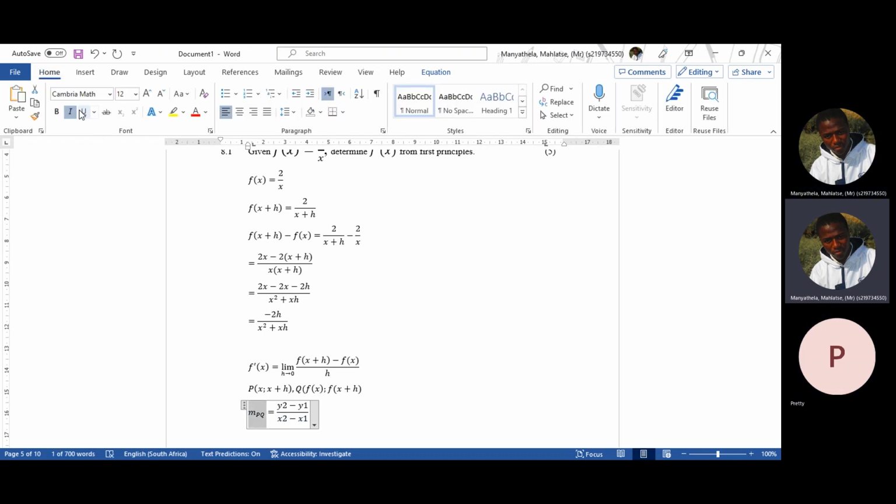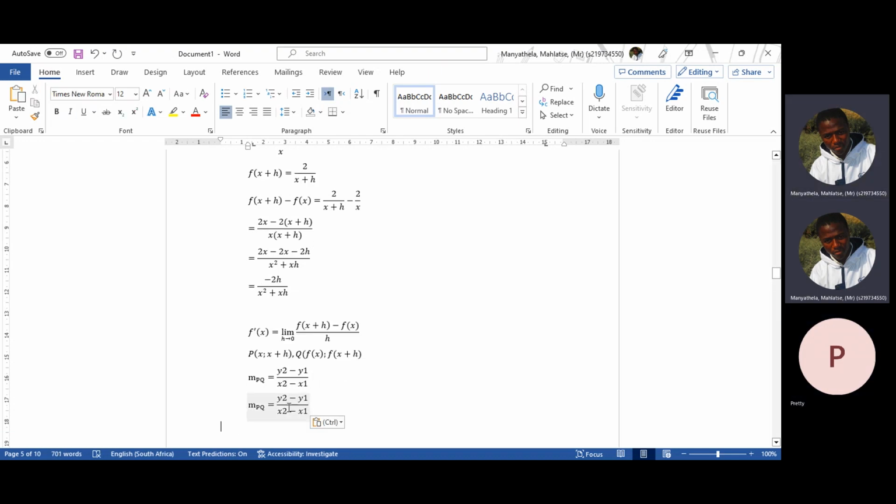So let's use the points that we are given and plug them in the formula. I'll call f of x plus h my y2, meaning that on y2 I will have f of x plus h.